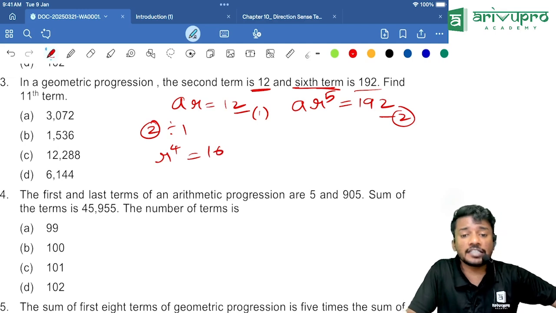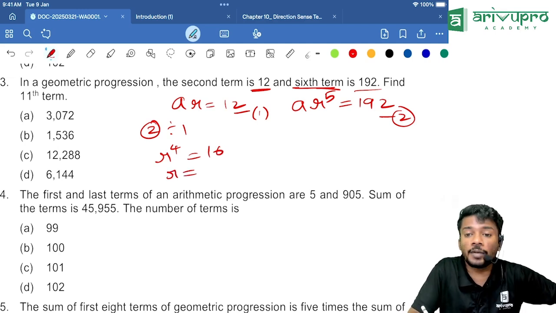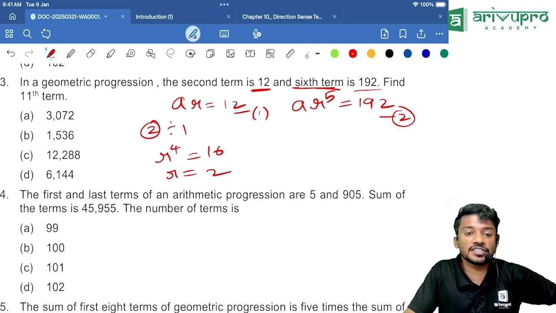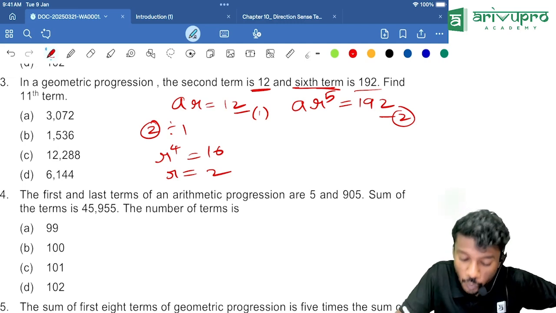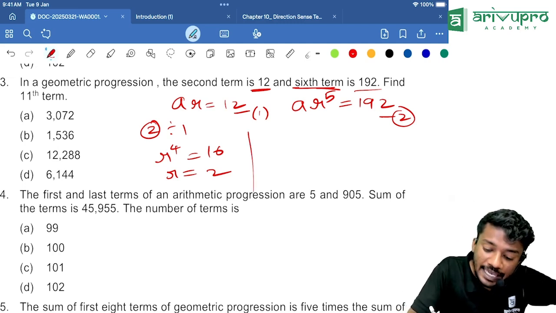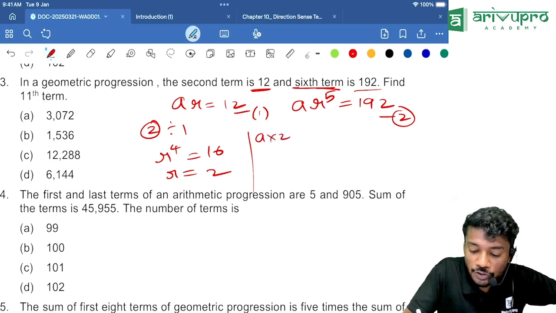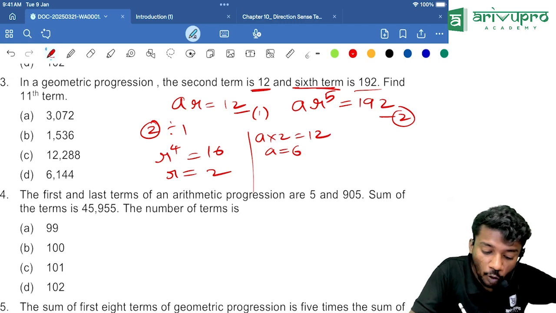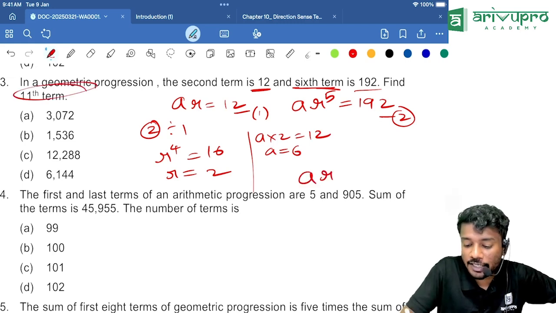16. So r raised to 4 is 16. Then r will be how much? 2. 2 raised to 4 is 16, right? So r is 2. Then we need to find the value of a. a into 2 is equal to 12. So a is equal to 6. Now we need to find the 11th term, ar raised to 10.